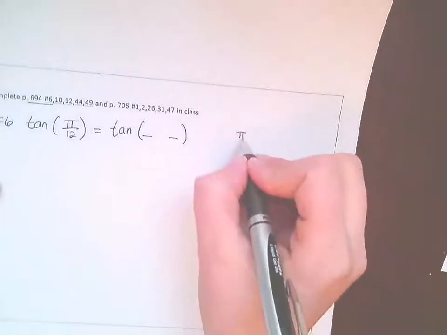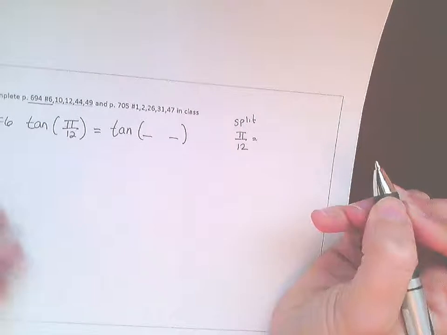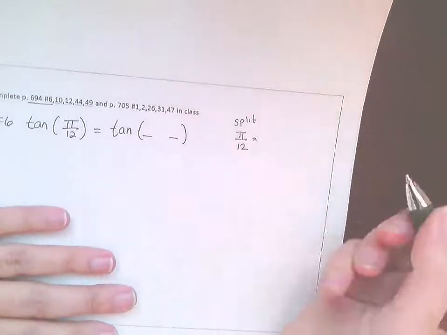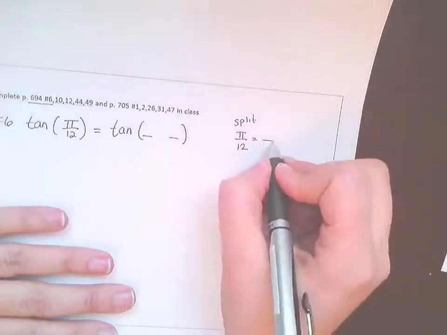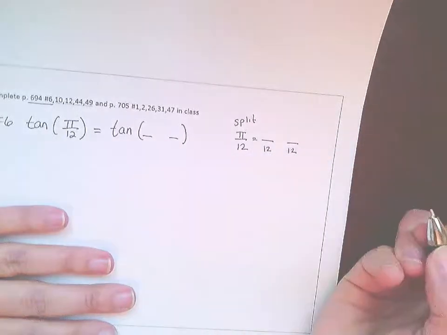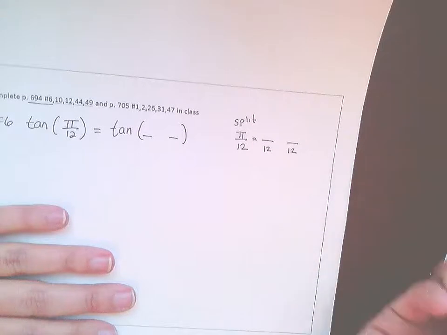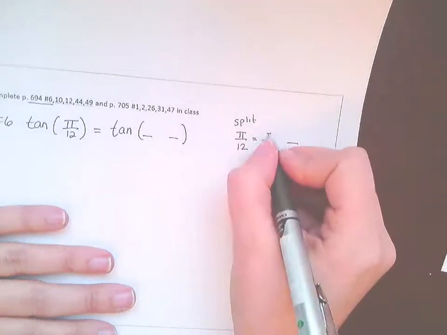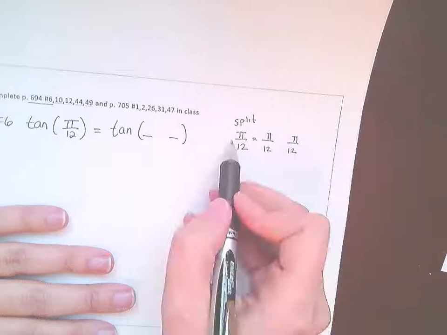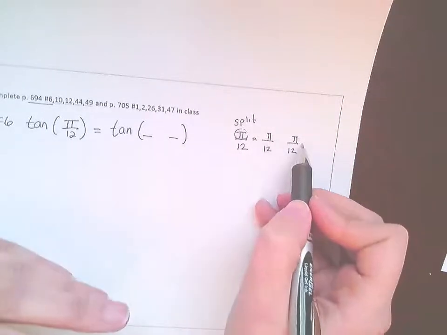So pi over 12, let's split it up. You need to think of basically 2 points. The easiest way to split these up is to keep the denominators the same for a minute. And then to get pi, what can you do? What 2 numbers? You know that there's pi up top, but to get a single pi, what operation can you do?